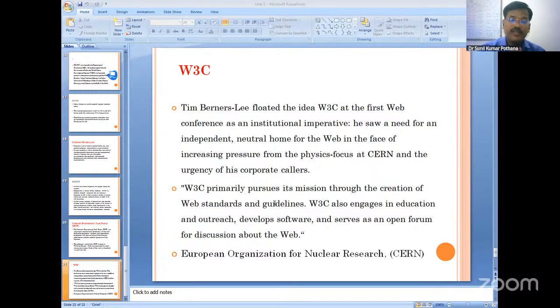Funding for the W3C, who funds the W3C? Funding and, more importantly, commitments to W3C's principles and products would come from an assortment of corporate and research members.